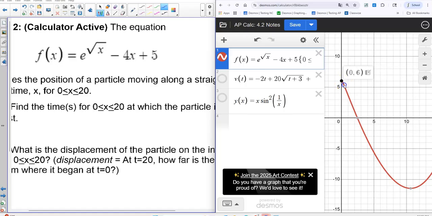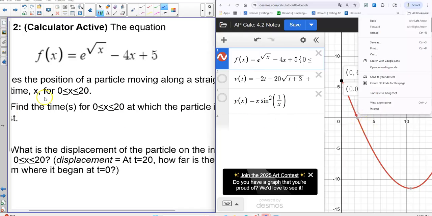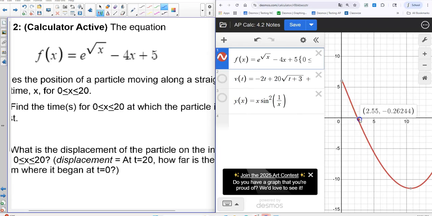Right here, at 0, 6, at time t equals 0, I'm 6 units away from whatever we're considering the origin to be. And so over here at 1.68, now I'm only 1.93. Which way am I going here? I'm going backwards, closer to the origin, going to the left. If it's like the x-axis, it doesn't specifically say if it's x or y. I'm going to the left, right? What about here? Still going to the left, right?